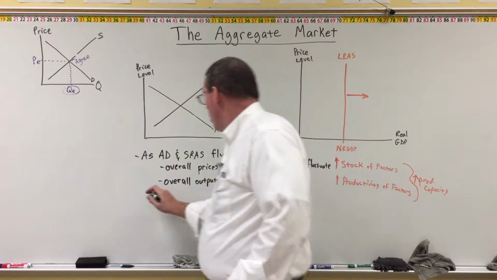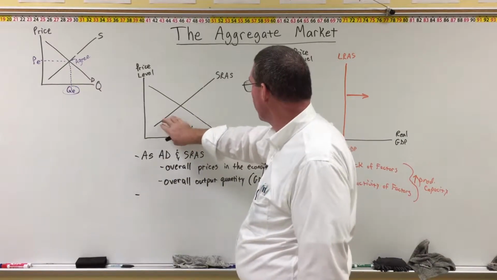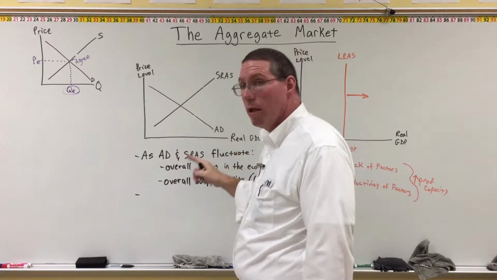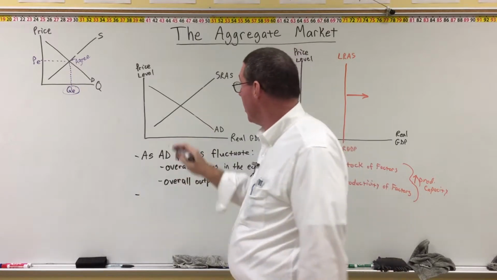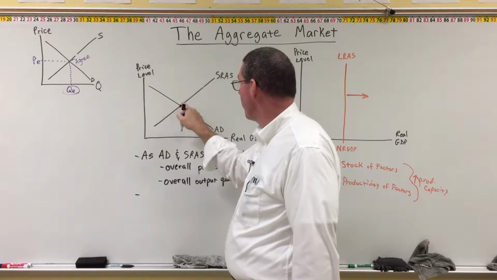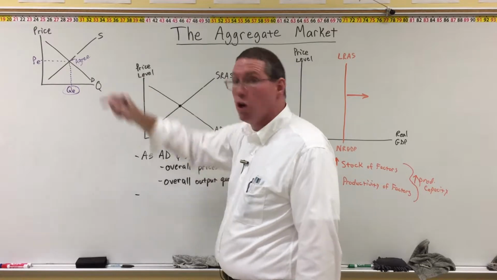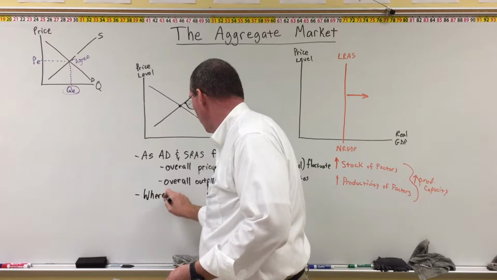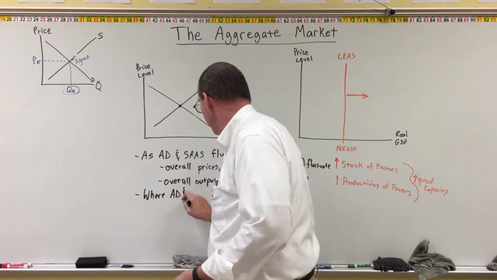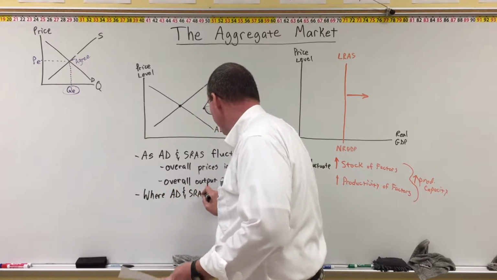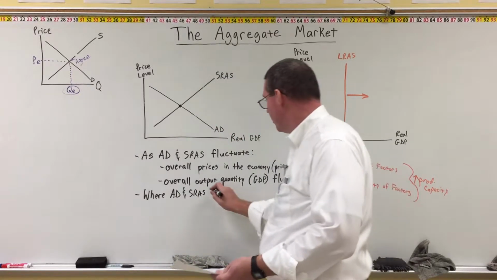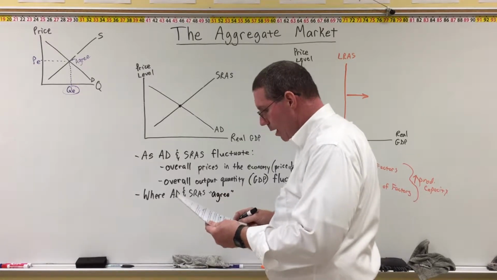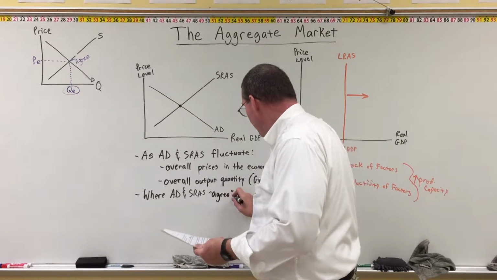Now, we know that because the short-run aggregate supply curve is an upward sloping curve and the aggregate demand curve is a downward sloping curve, they will intersect in one place, okay? And that place where they intersect, again, is a point of agreement. So where aggregate demand and aggregate supply, or short-run aggregate supply, where they agree, we have equilibrium.